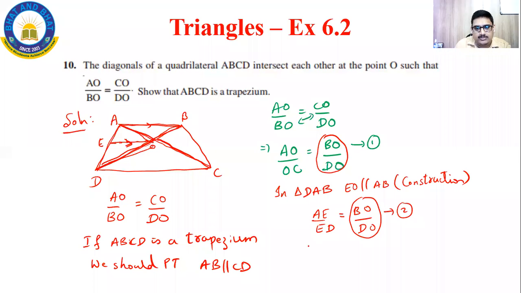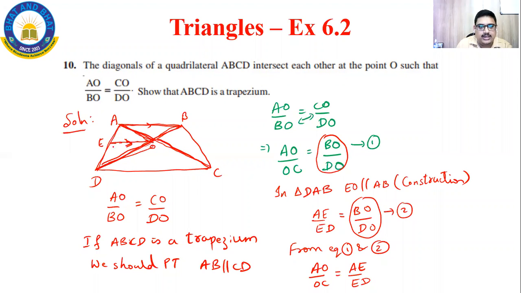From equation 1 and 2, I will write AO by OC is equal to AE by ED.